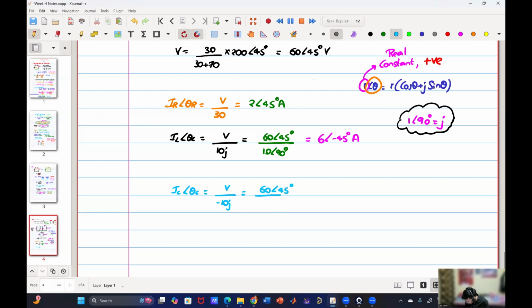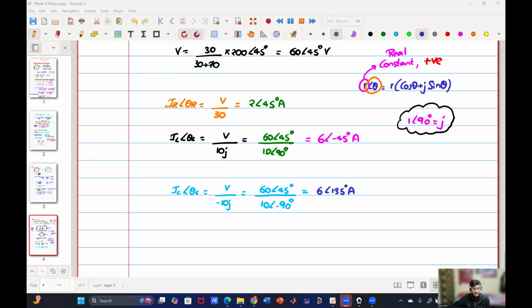Minus 10J will be 10 angle minus 90 degrees. So now this will become 6 angle 135 degrees, right? Everyone got this?